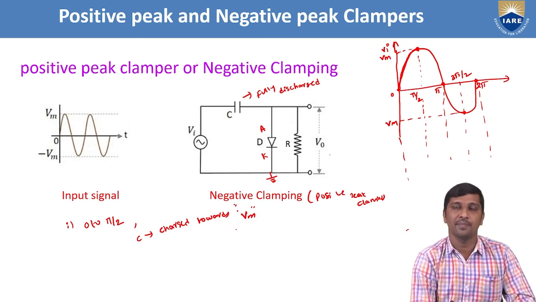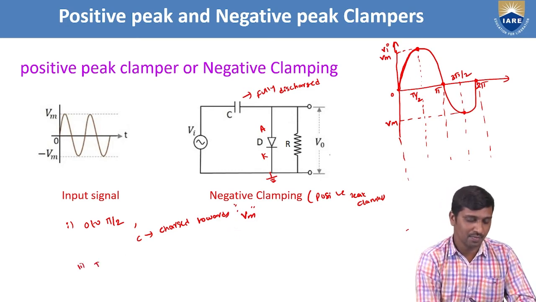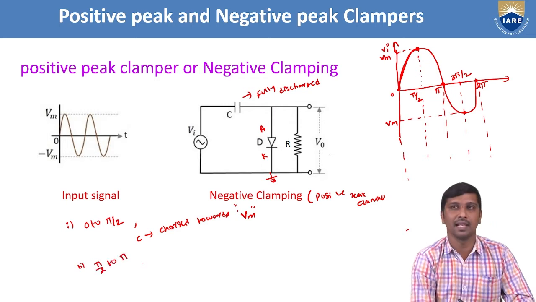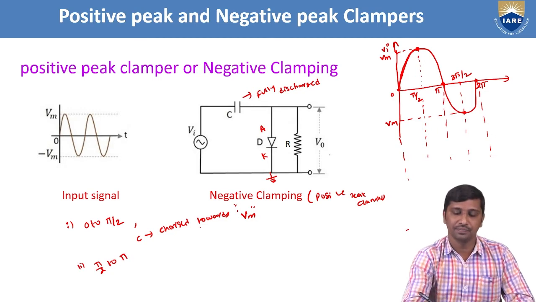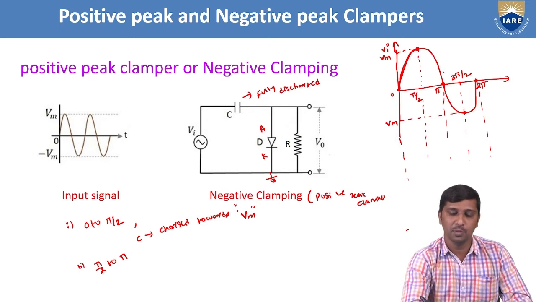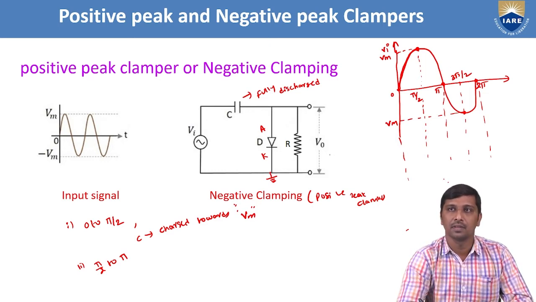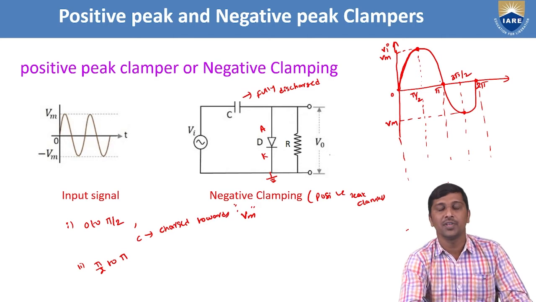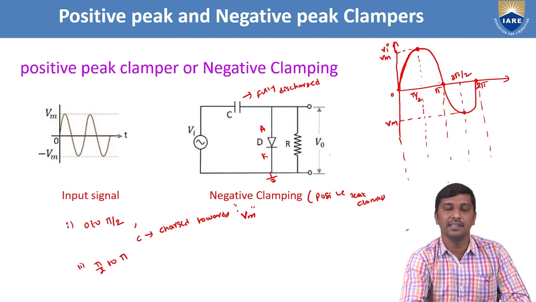Now we'll see what happens during the pi by 2 to pi interval. First, let's see what happens at the input. Here the input is linearly changing from Vm voltage to 0 volt, meaning the input signal is linearly decreasing towards 0 voltage.